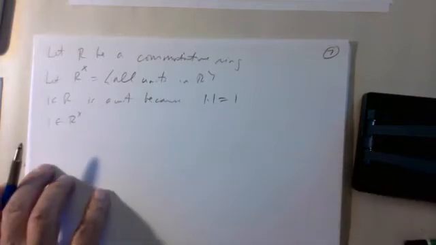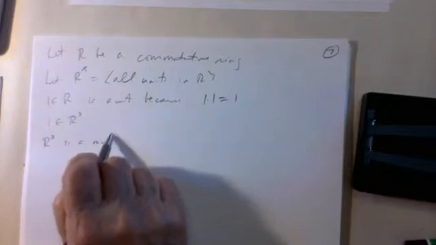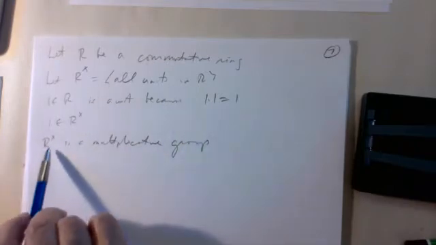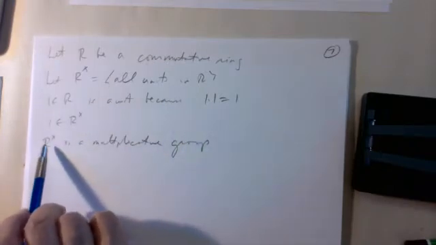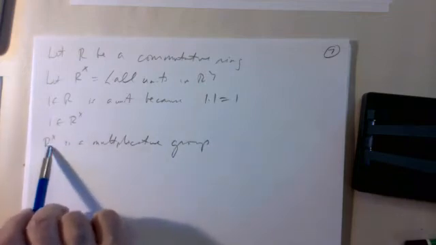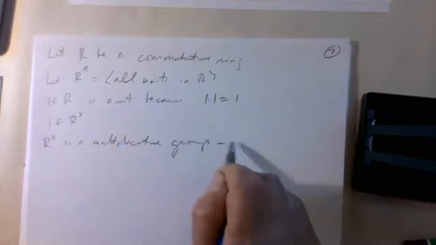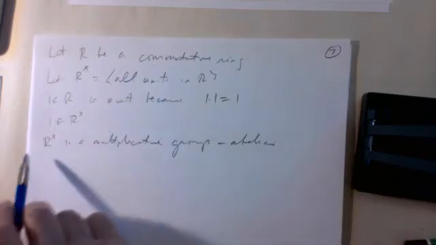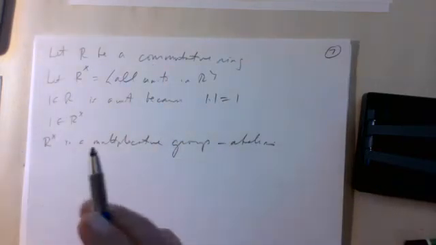And it's a very important algebraic fact that the set of units is a multiplicative group. So this means that this set is closed under multiplication, contains the identity, and contains the inverse of each element. Of course, it's obviously abelian because multiplication in R is commutative, so multiplication in R star is commutative.